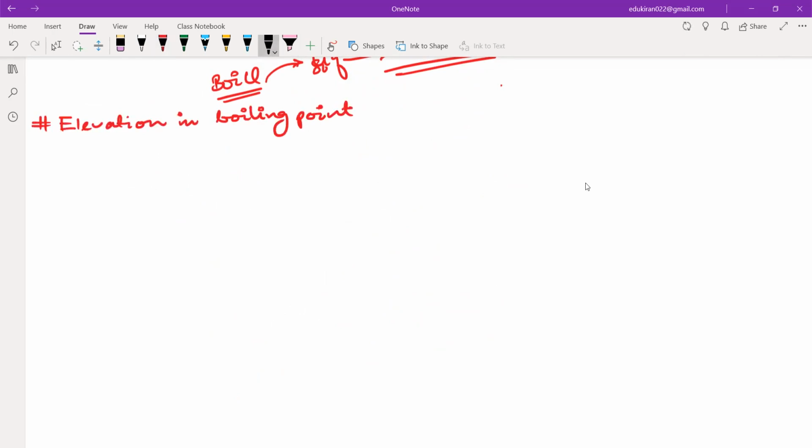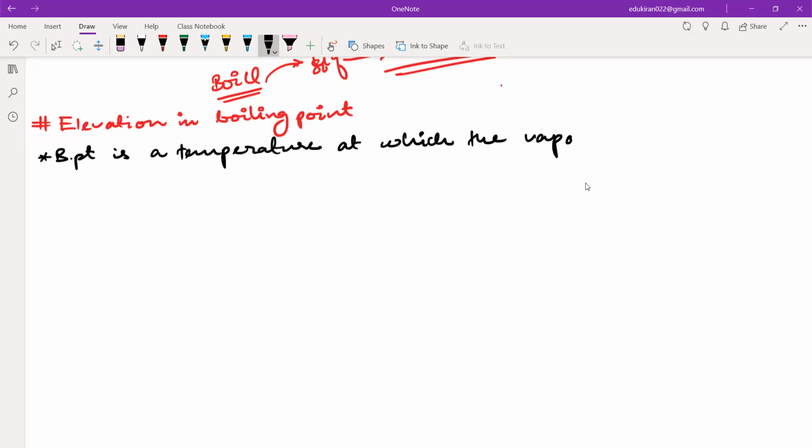Now, boiling point is a temperature at which the vapor pressure is equal to the atmospheric pressure.